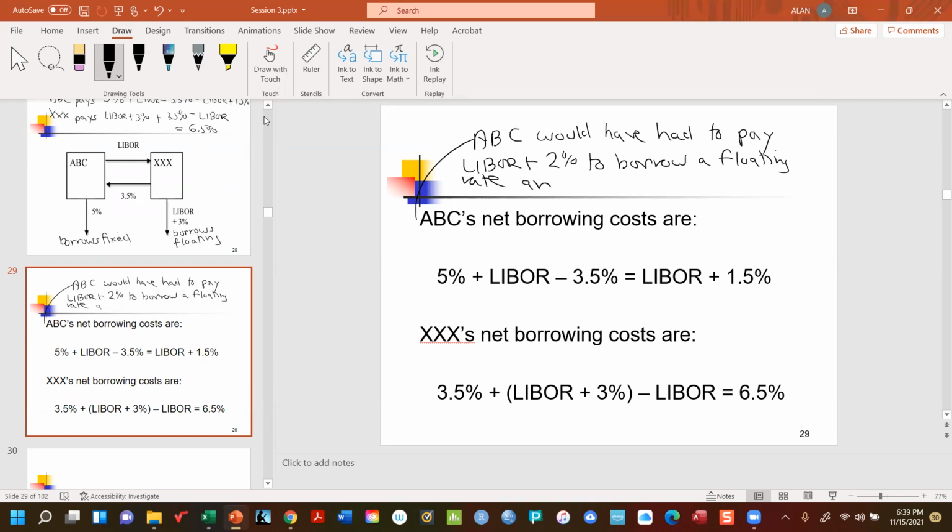And XXX would have had to pay 7% fixed to borrow at a fixed rate. So guess what that means? Each of them saved 0.5%.